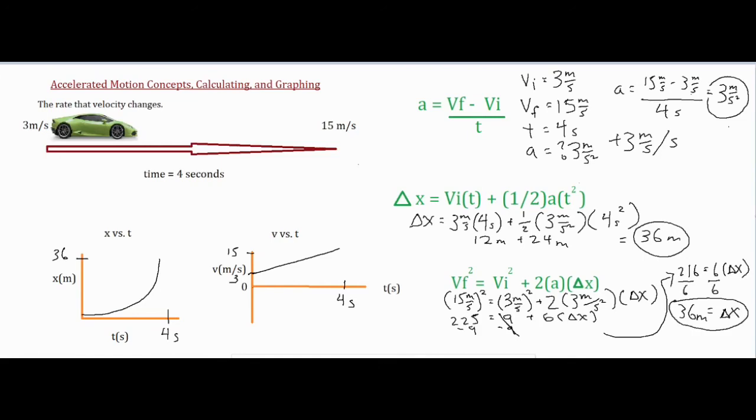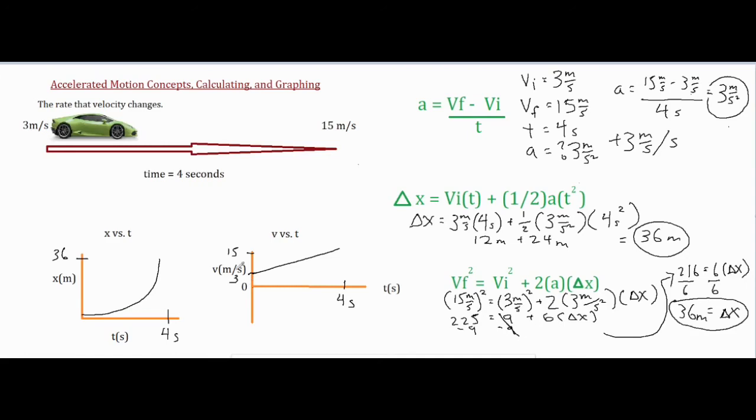As far as the shape of my curve, I curved it upwards so that it would show that the slope is increasing, because the slope is showing the rate at which it's moving, and the rate at which it's moving is increasing. Therefore, the slope is getting steeper as the time advances towards 4 seconds. Now the velocity versus time graph is a little bit more straightforward.